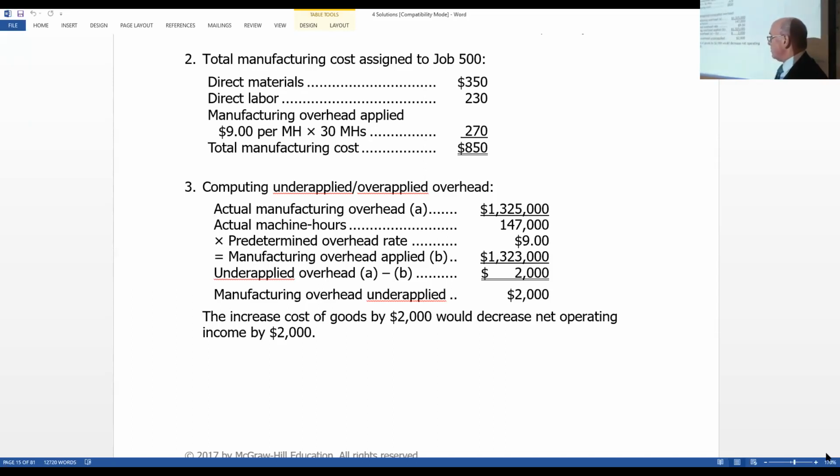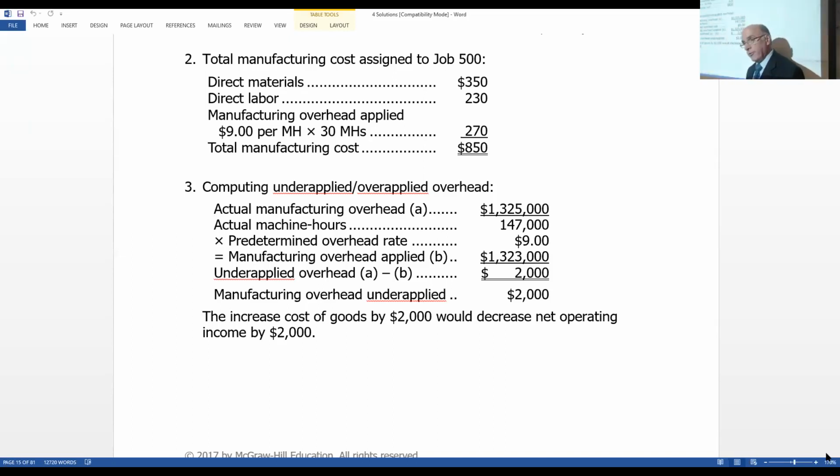But I might ask, what's the difference between net operating income and gross profit? What's the difference between the two? You deduct extra stuff, right? You start with sales minus cost of goods sold equals gross profit, and then you subtract things like selling and administrative costs, then you have net operating income.